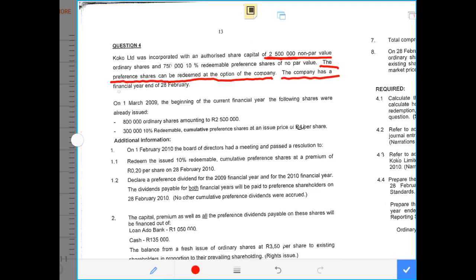The company has a financial year end 28th of February each year. So now the accounting period is the 28th of February. And it says on the 1st of March in the year 2009.